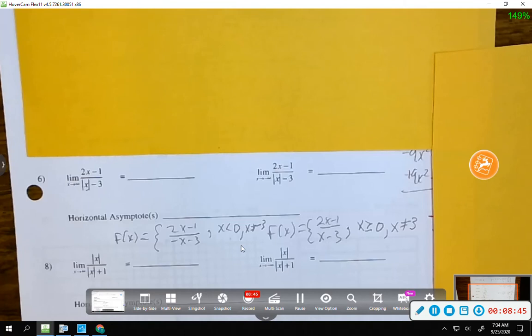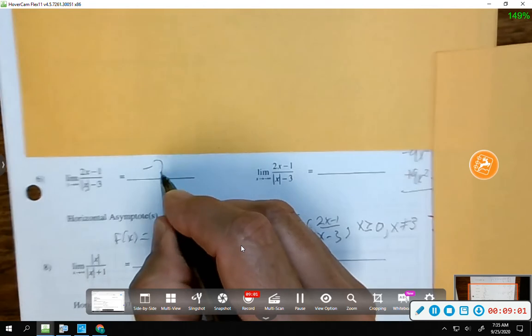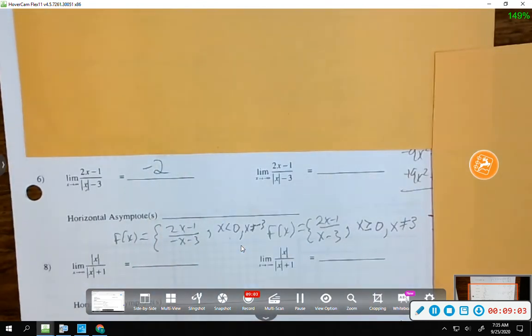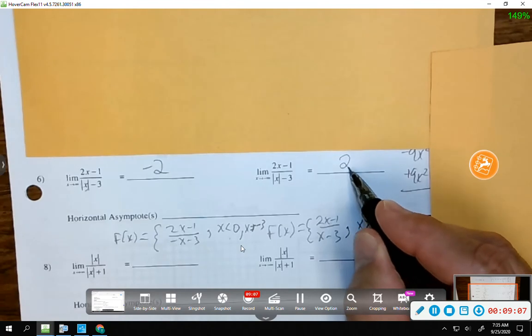Well, look what happens here now. If we look at this, the degree on top is the same as the degree on the bottom. So as x approaches negative infinity, because this defines this function to the left, I look at the ratio of the coefficients of the highest degree terms. 2 divided by negative 1 is negative 2. Here, if I go 2 divided by 1, I get positive 2.